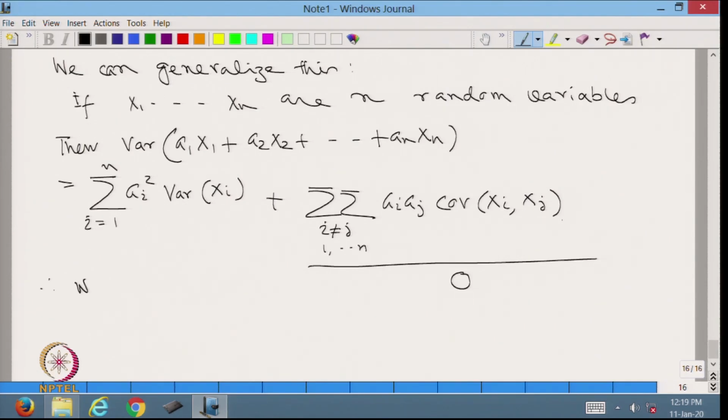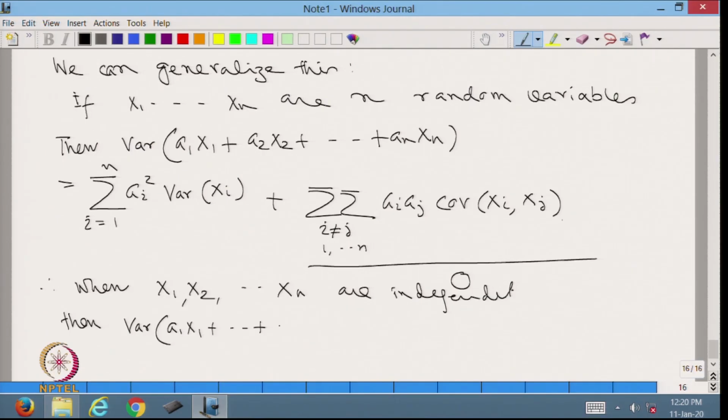Therefore, when x1, x2, ..., xn are independent, then variance of a1 x1 plus ... plus an xn is equal to sigma i equal to 1 to n ai square variance of xi.